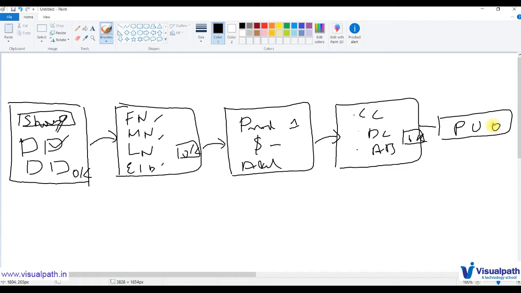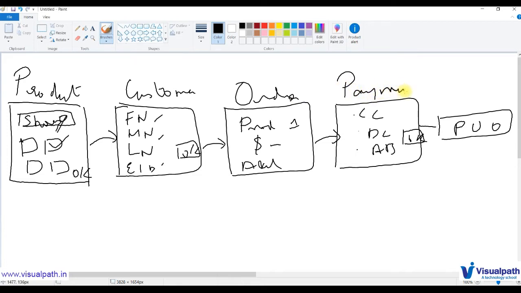So this is what happens in general when you go with online shopping. I could say that this is my product page, this is my customer information page, this is my order review page, and finally this is my payment page. On the front screen you can see all these things, but you do not know what happens at the back end.